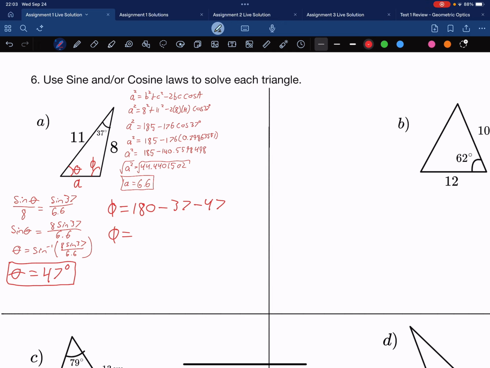So in this case, it's 180 minus 37 minus 47. 96.